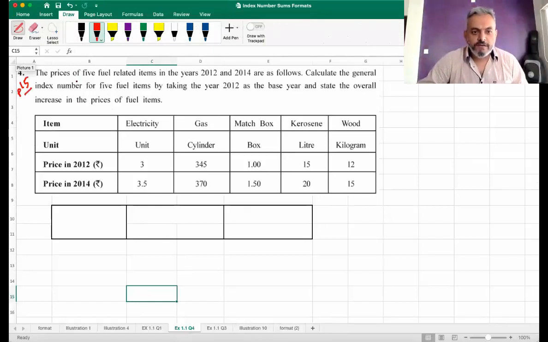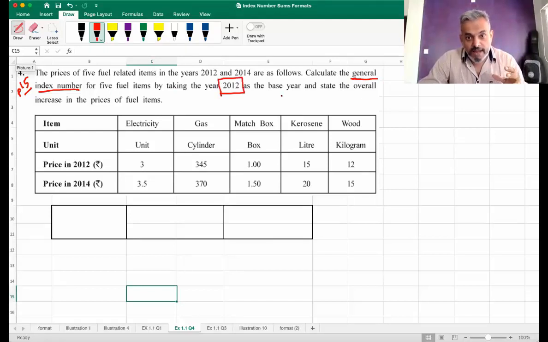The prices of 5 fuel-related items in the year 2012 to 2014 are as follows. Calculate general index number for 5 fuel items by taking 2012 as our base year. State the overall increase in the price of fuel items. So here we have to calculate general index number. Now let's understand the question.